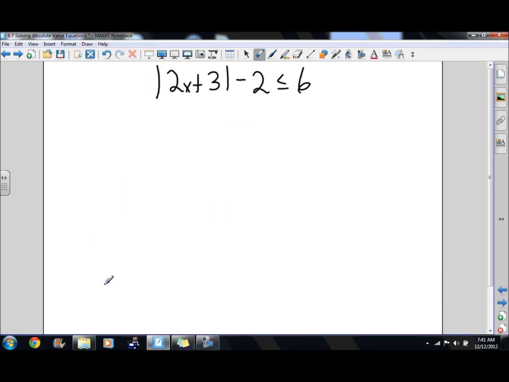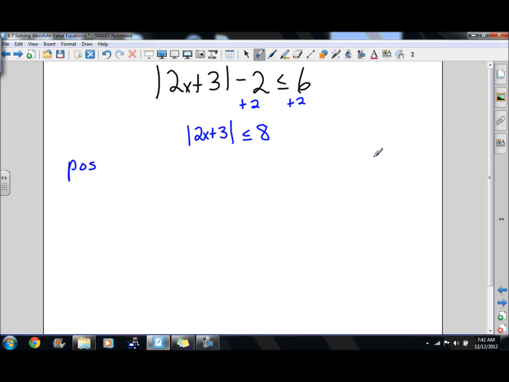And last one, I want you to try this on your own. You have to get rid of this 2 first, and then do positive and negative solutions. Alrighty. This is about as tough as they get. So now we have 2x plus 3 is less than or equal to 8.